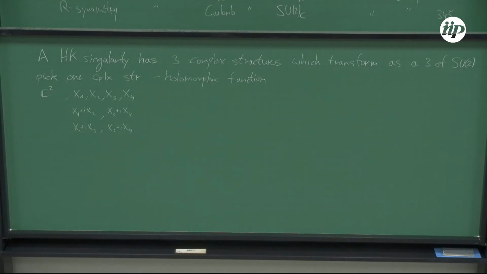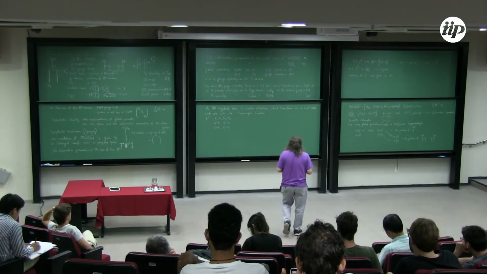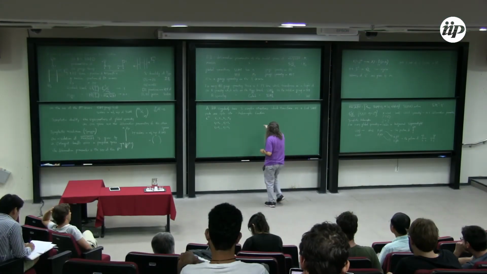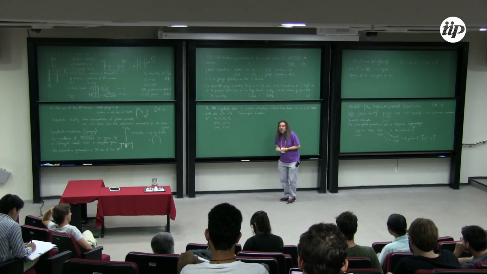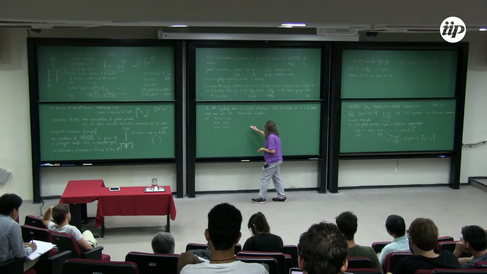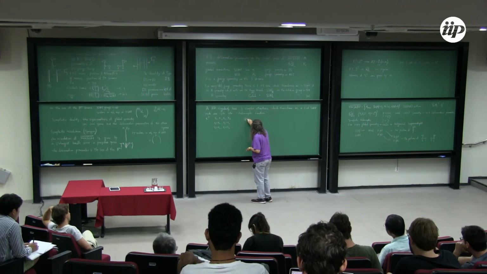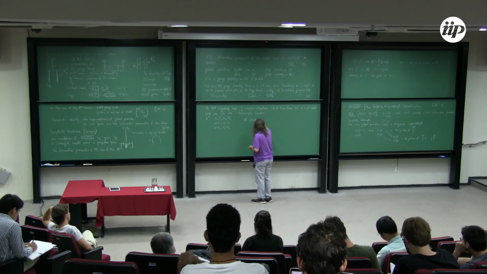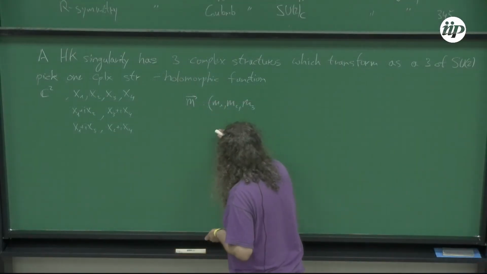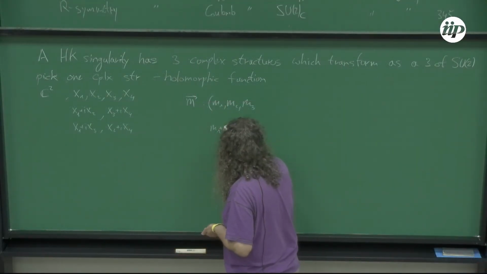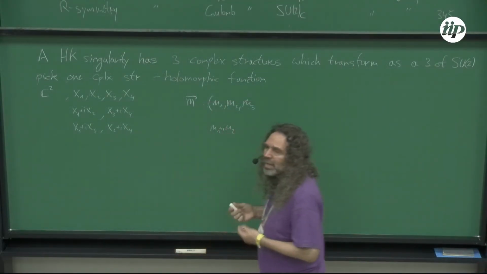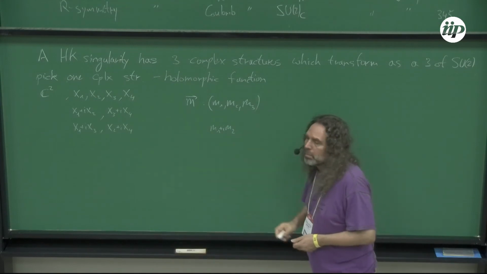Once I declare what is a holomorphic function, I can work with just the holomorphic function. But what does it do to my deformation parameters? I have 3 of them. Let's call them M1, M2, and M3. I pick 2 of them, M1 plus i M2, to be complex. Then I'm left with a 3rd one.